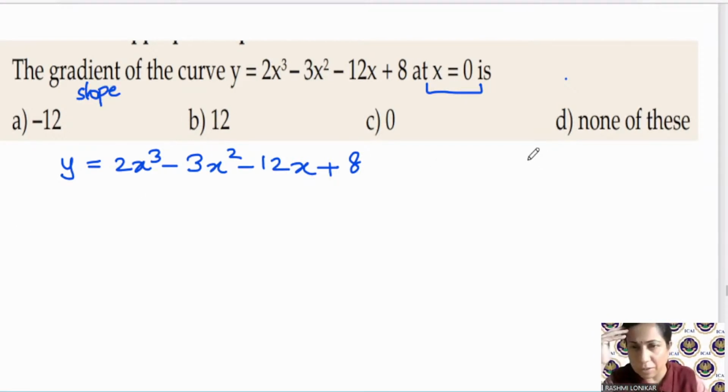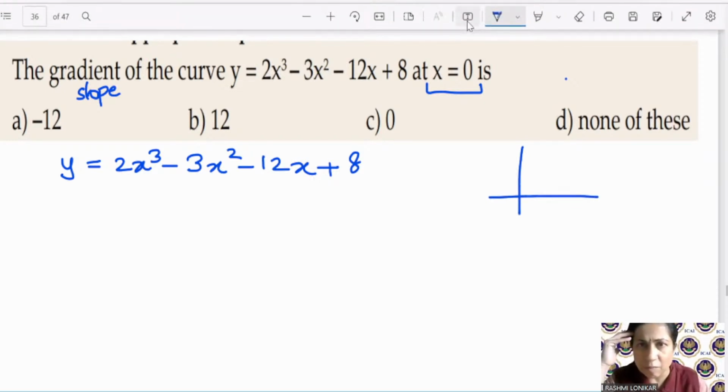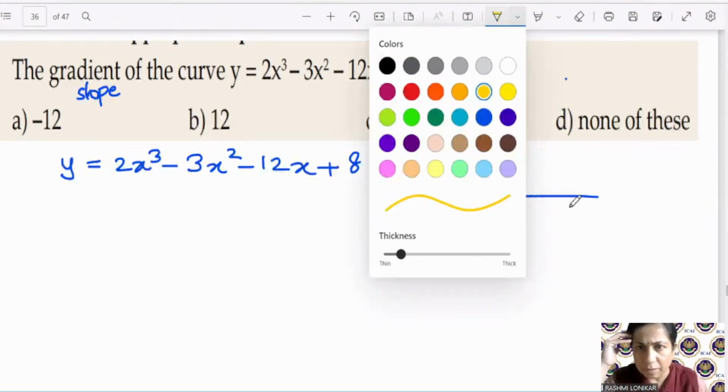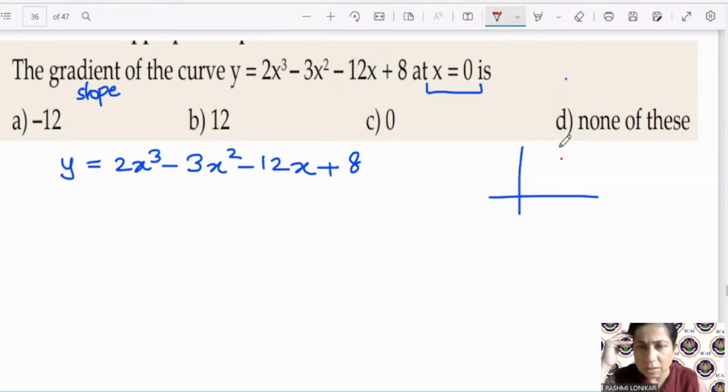Remember in geometry we have studied this. Suppose this is my line. What will be the slope?